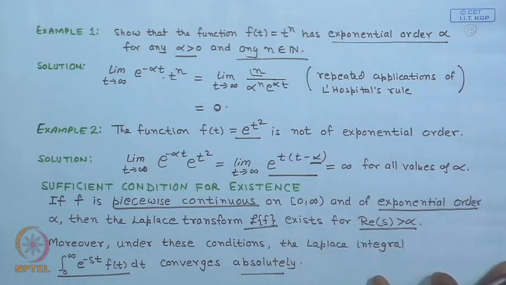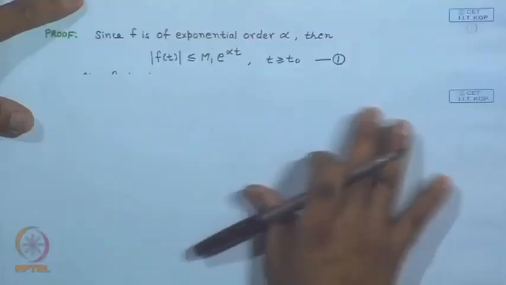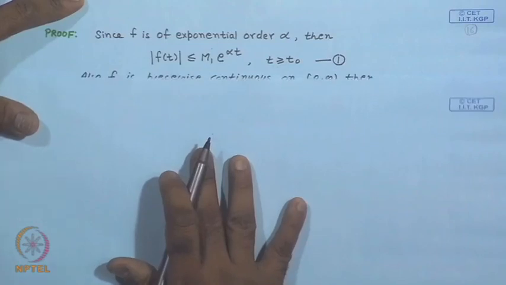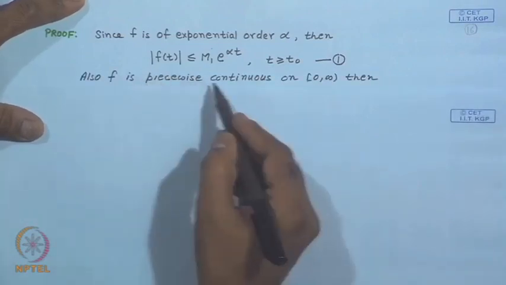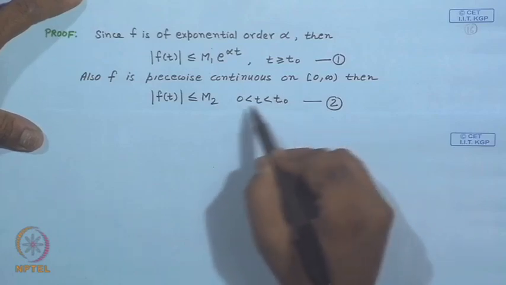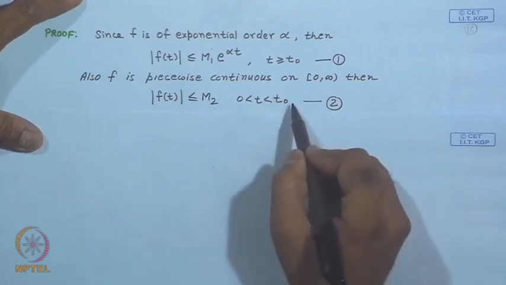And we can quickly take a look at the proof. We have that the function is of exponential order, that means |f(t)| is bounded by M1 e^(alpha t) for t greater than t naught, and also the function is piecewise continuous, so it is bounded from 0 to t naught.